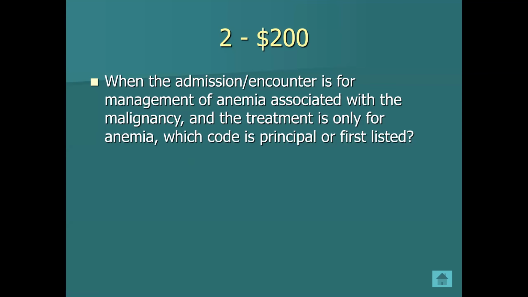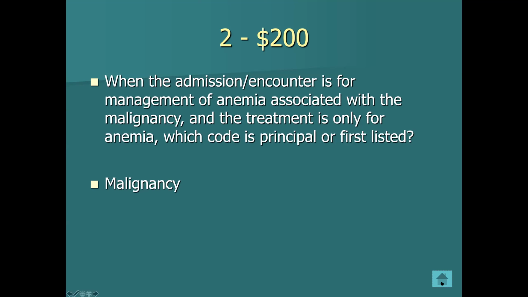So the appropriate code for the malignancy is sequenced as the principal or first listed diagnosis followed by the appropriate code for the anemia. So the malignancy is principal. Okay. All right, Destiny, we'll let you have that.